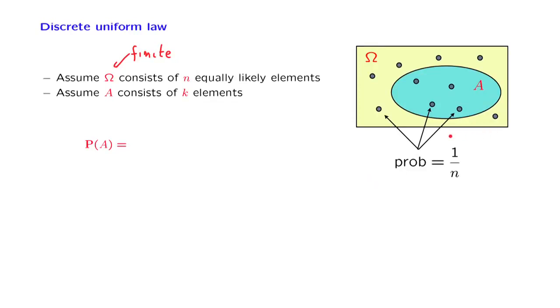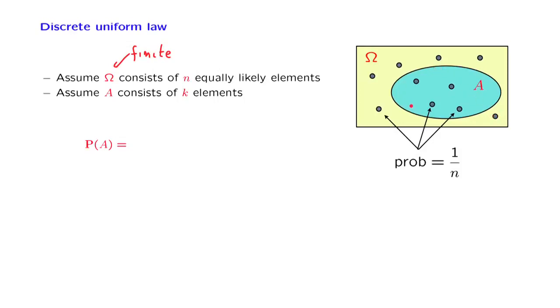Now, since the probability of omega, the probability of the entire sample space, is equal to 1, this means that each one of these elements must have probability 1 over n. That's the only way that the sum of the probabilities of the different outcomes would be equal to 1 as required by the normalization axiom.